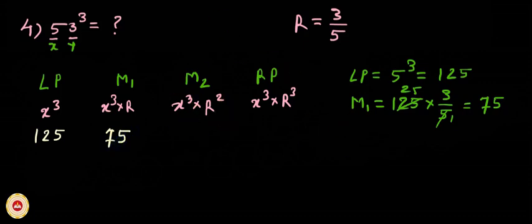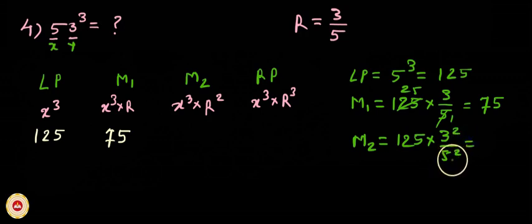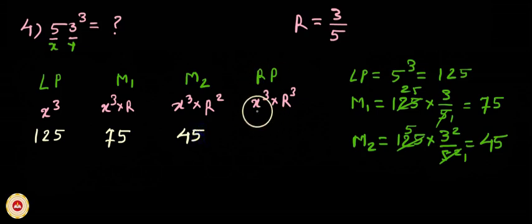What is middle part 2? Middle part 2 is x cubed, that means 125, multiplied by ratio squared, that means 3 squared over 5 squared. 5 squared is 25. See, 25 5s are 125. What is 3 squared? 3 squared is 9. So 5 9s are 45. So middle part 2 is 45. Let us write 45 in middle part 2. What is the right part?